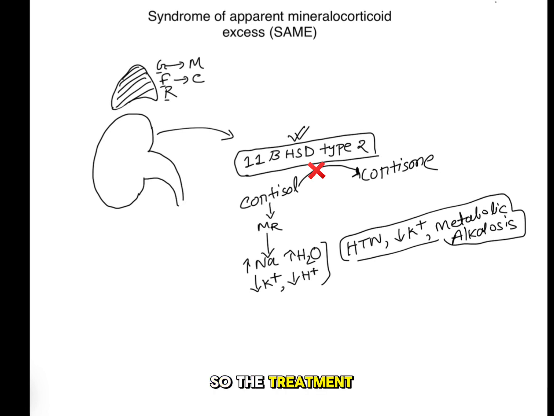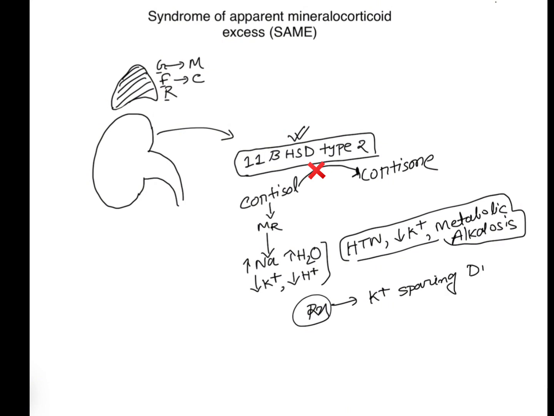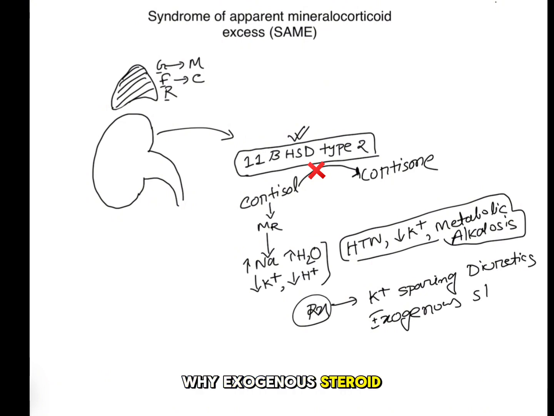So the treatment of this syndrome is by using potassium sparing diuretics like spironolactone, or we can also use exogenous steroid. Why exogenous steroid?